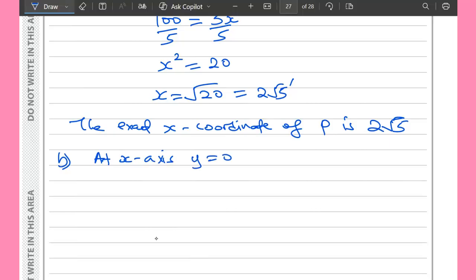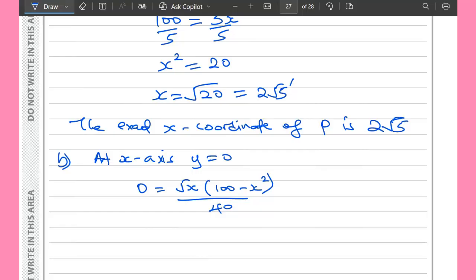So therefore, what we are given as the equation of the curve will have 0 equals root x into 100 minus x squared, everything over 40, is equivalent to 0.